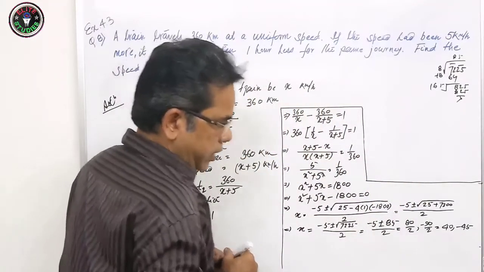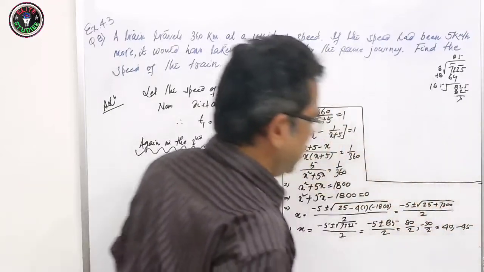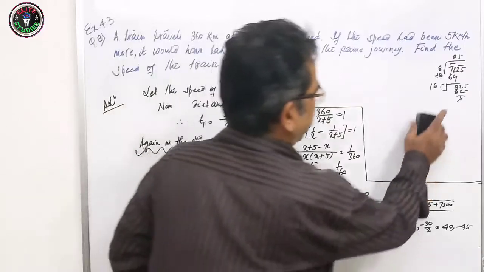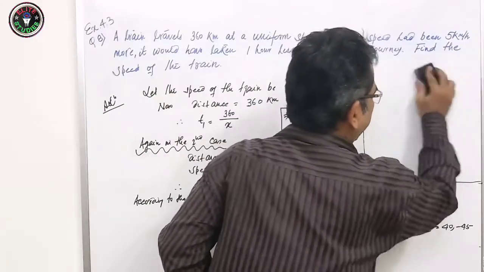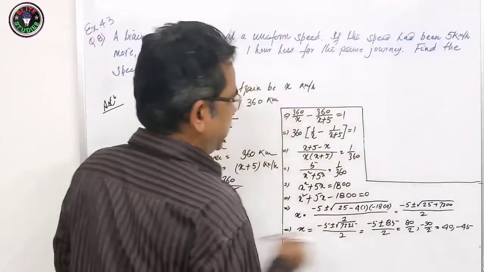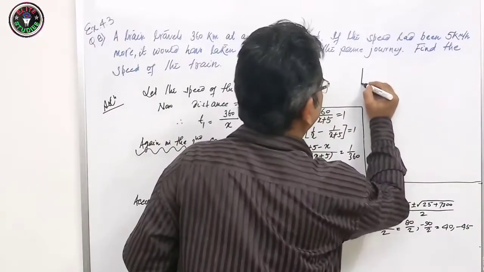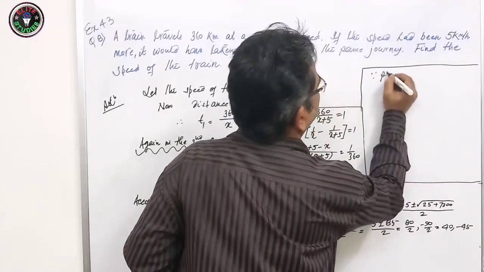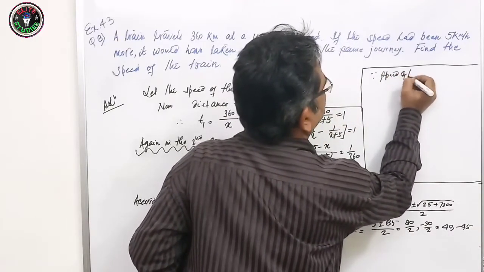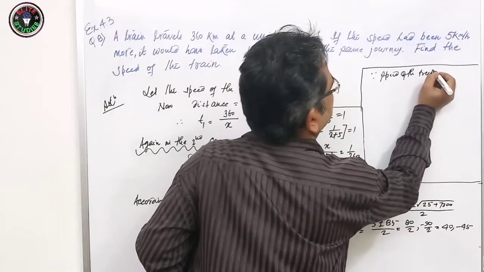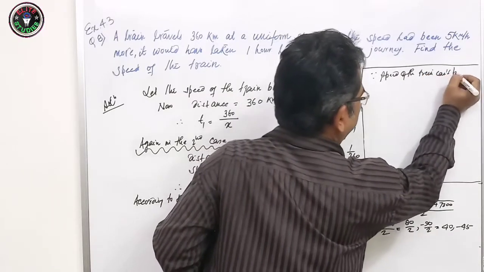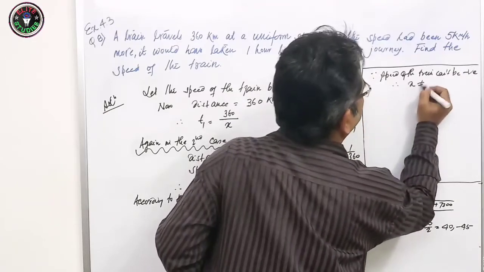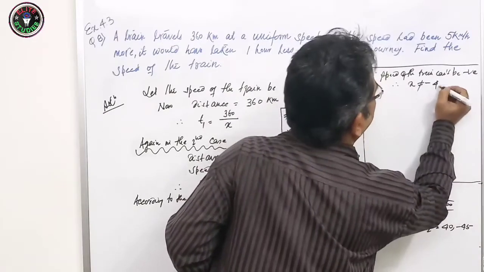Now from here you can easily understand that minus 45 is invalid, because the speed of the train cannot be negative. So therefore x cannot be equal to minus 45.